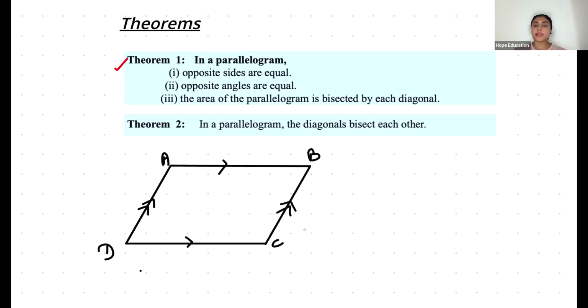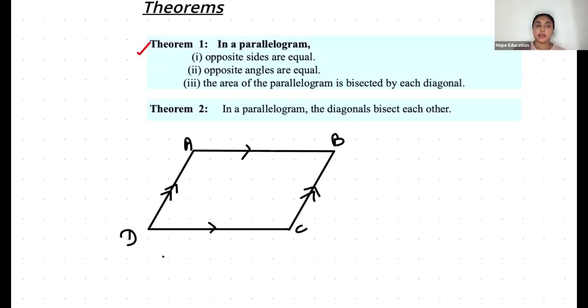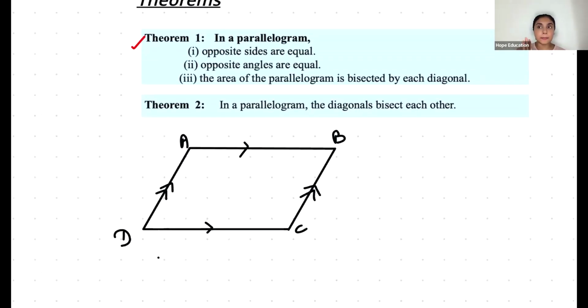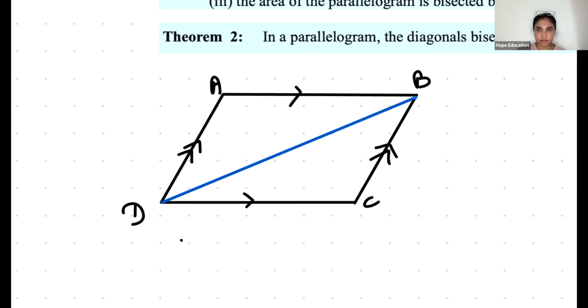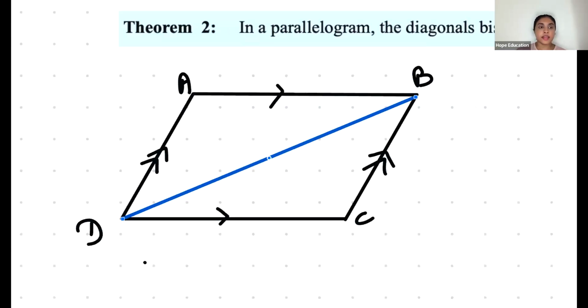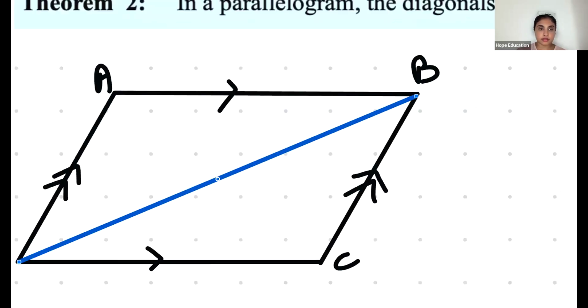In a parallelogram, diagonals bisect each other. That means now we know in any parallelogram we can draw two diagonals. Diagonals means opposite vertices joined. So this is one diagonal. Then another diagonal we can draw like this.